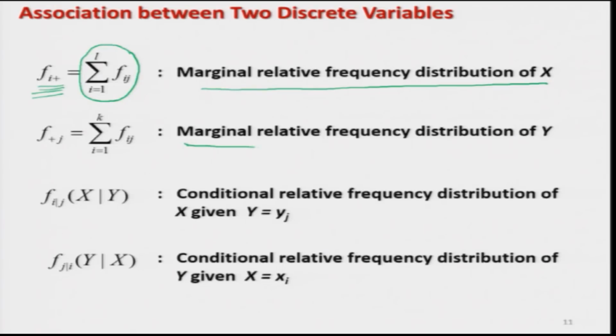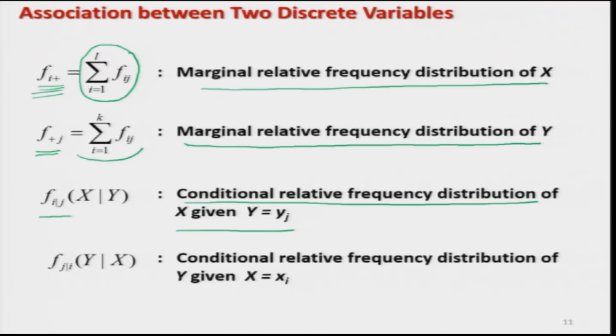Similarly, the marginal relative frequency distribution of y values, or the classes in y, is denoted as f plus j, and this is the sum of fij's as i goes from 1 to k. And similarly, the conditional relative frequency distribution of x given y equal to yj will be denoted by f of x given y, with i given j in the subscript. And the conditional relative frequency distribution of y given x equal to xi is denoted by f of y given x, with j given i in the subscript.